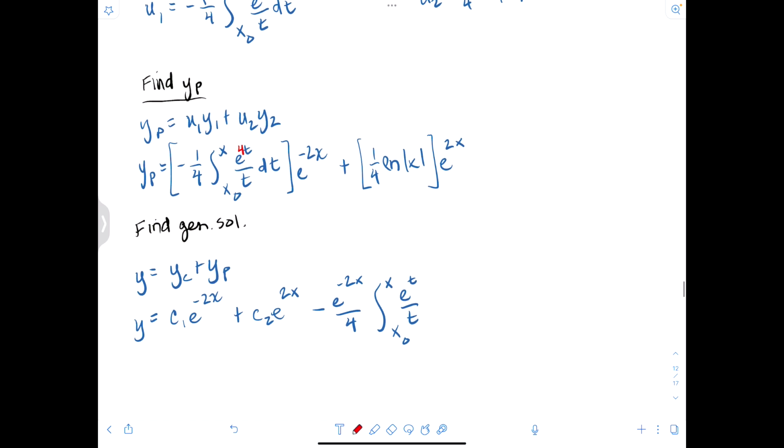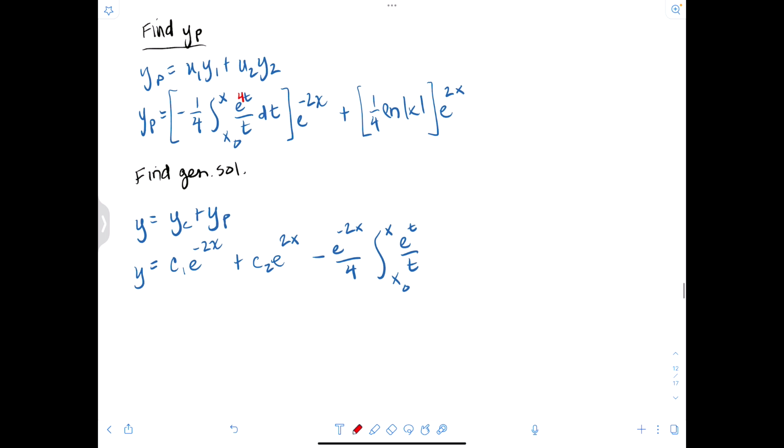And I think I fixed them all. Okay. And then dt, plus e to the 2x over 4 times natural log absolute x. We're all done.